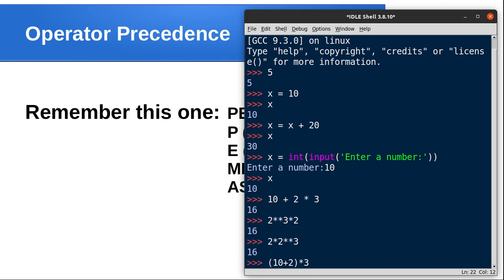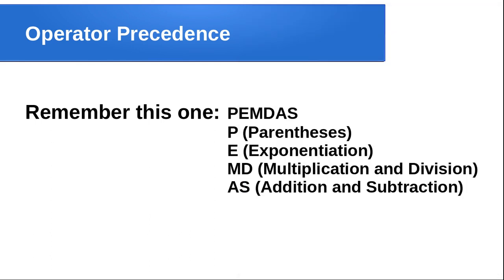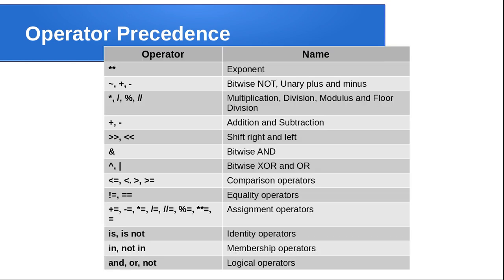Here 10 plus 2 is 12, 12 into 3 is 36. So according to this, parenthesis comes first, followed by exponentiation, then multiplication and division, then addition and subtraction. For your easy understanding, I have provided this. This is the actual operator precedence, highest to lowest priority.